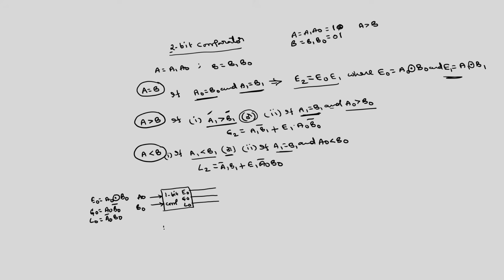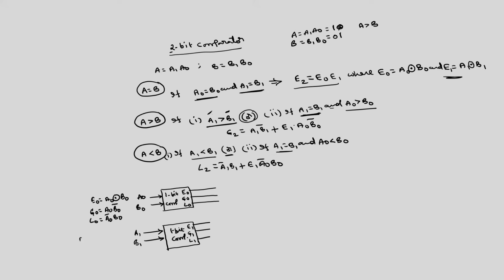Similarly, I will take another 1-bit comparator, and I will give the inputs as A1 B1, and I will call the outputs E1, G1, L1.